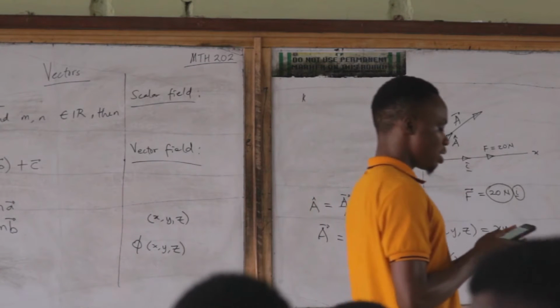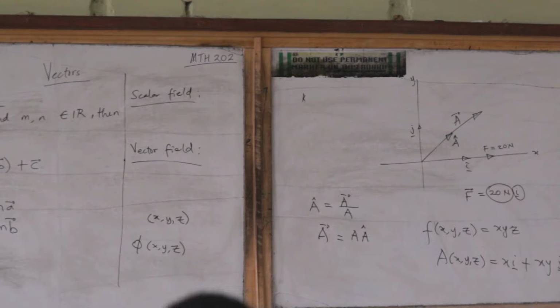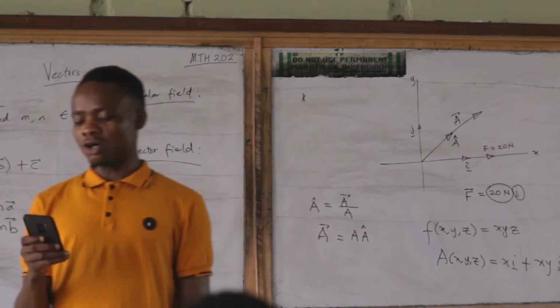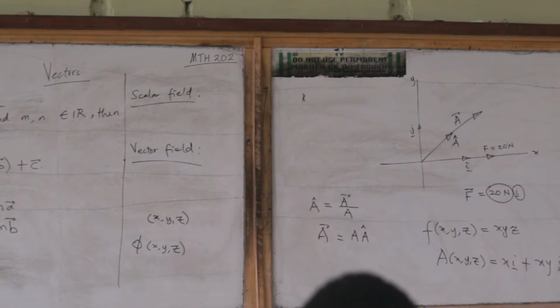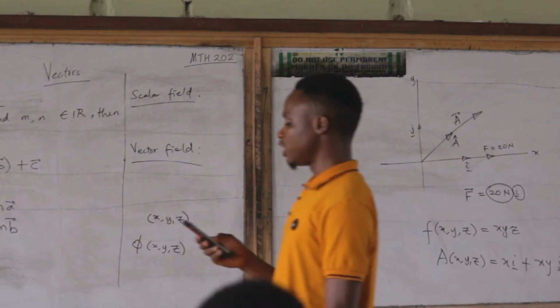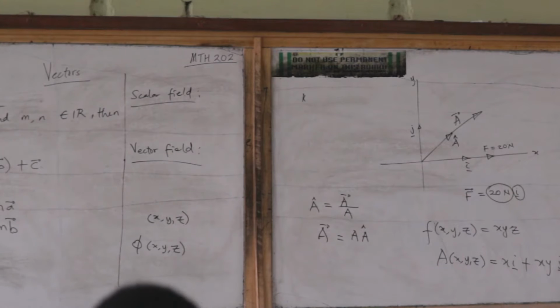Number one, the temperature at any point within or on the Earth's surface at a certain time defines a scalar field.